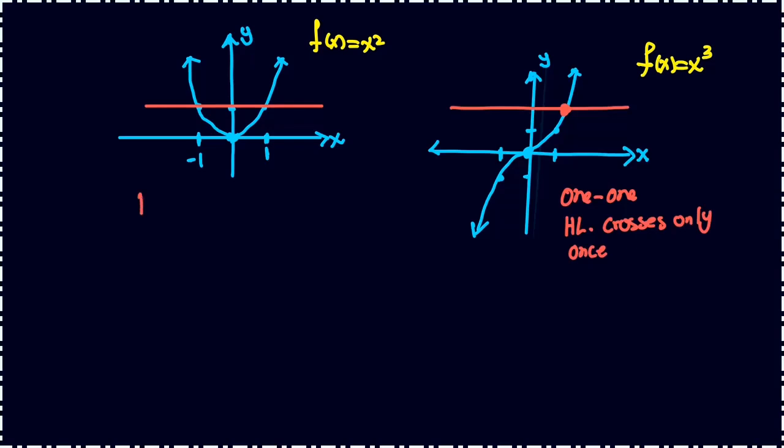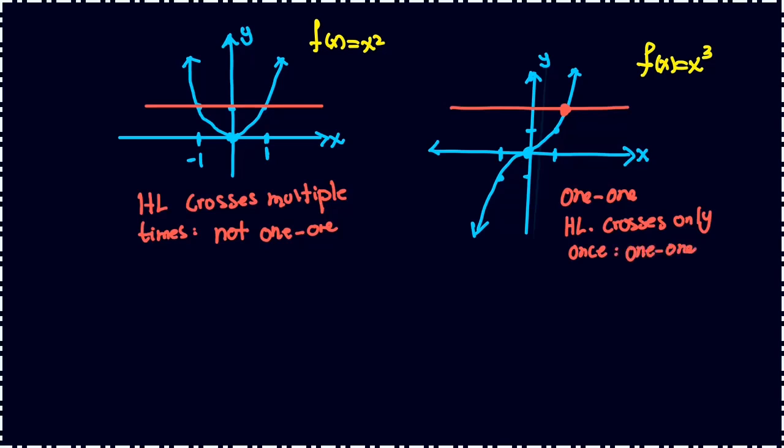And here, a horizontal line crosses multiple times. So if this happens, the function is not one-to-one. And if crossing once happens, the function is in fact one-to-one.